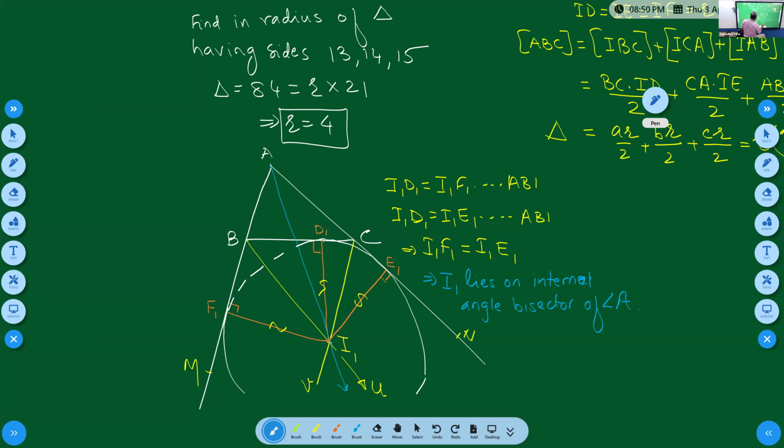This circle is called the excircle, I1 is called the excenter, and I1D, I1E, I1D1, I1F1, and I1E1 are denoted by R1 and called the exradius.